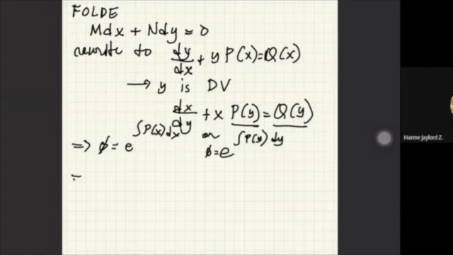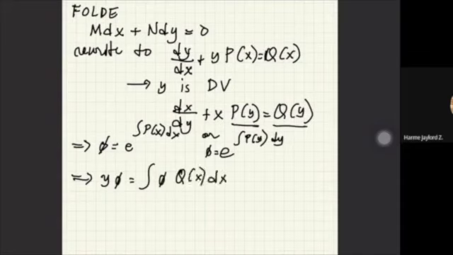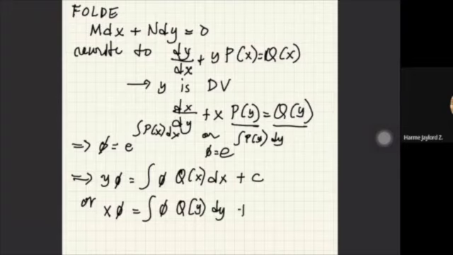And then your next line, if you have already solved your integrating factor, should be y times the integrating factor equals the integral of the integrating factor times the Q of x dx plus c. Now, or Q of y dy plus c.